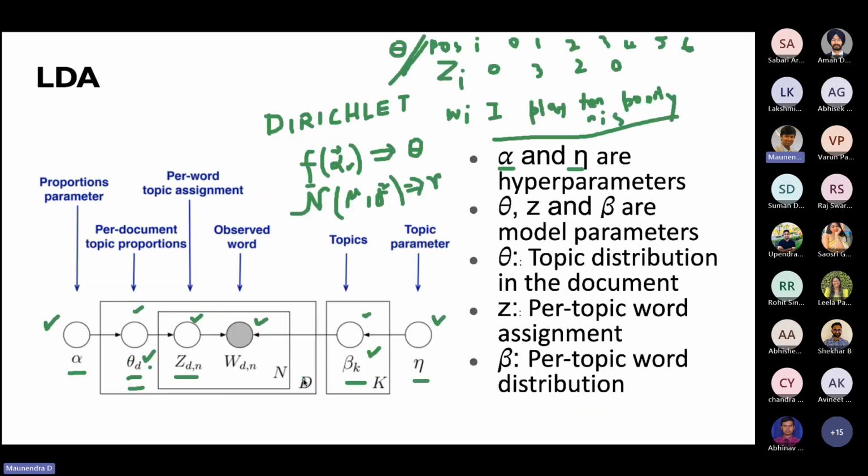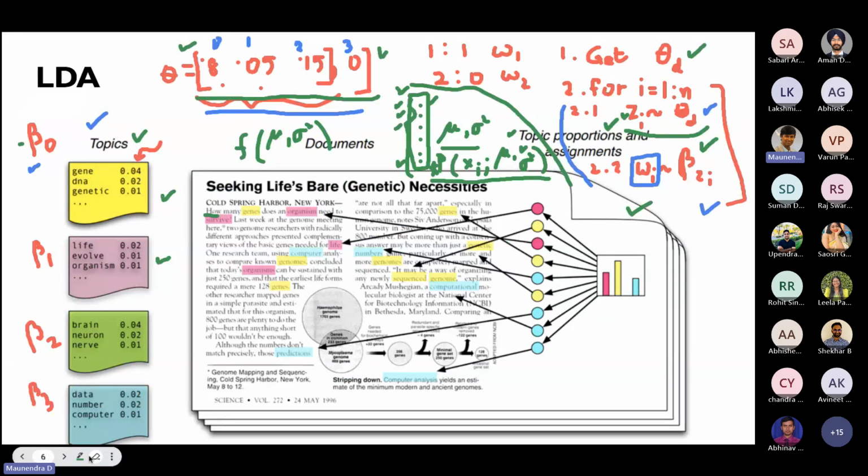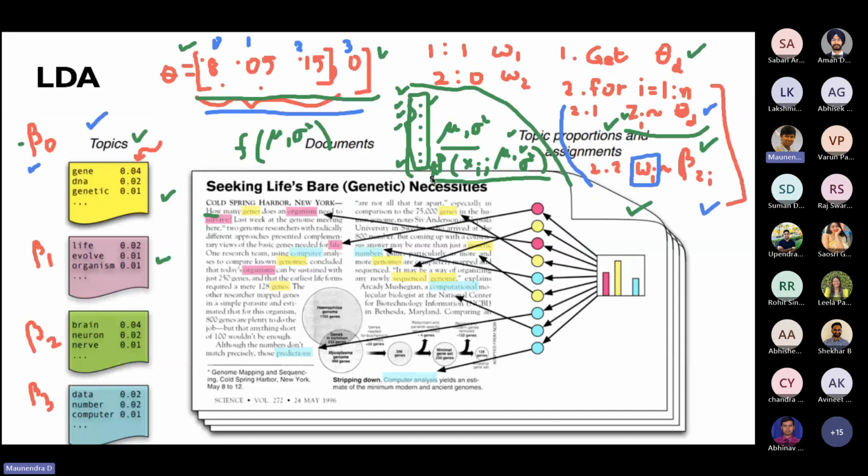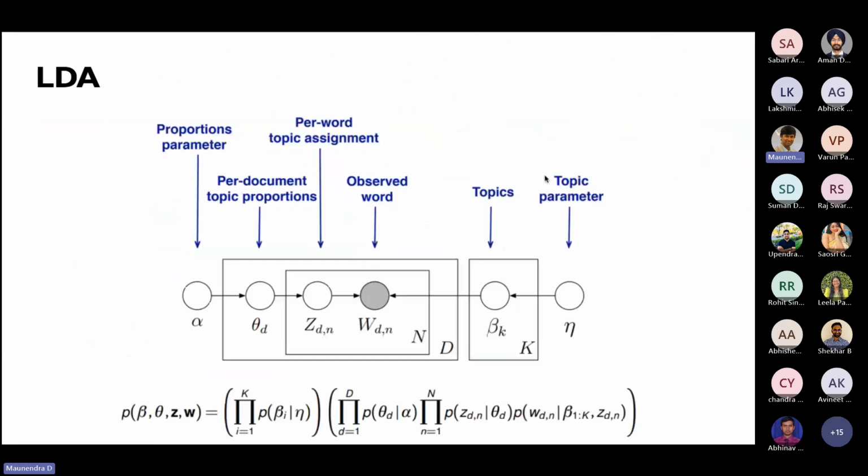And in this case also we try to identify the likelihood function, right? The likelihood function we are trying to optimize. So what is the likelihood function here?